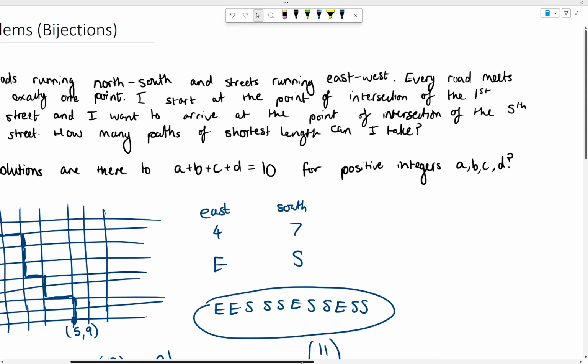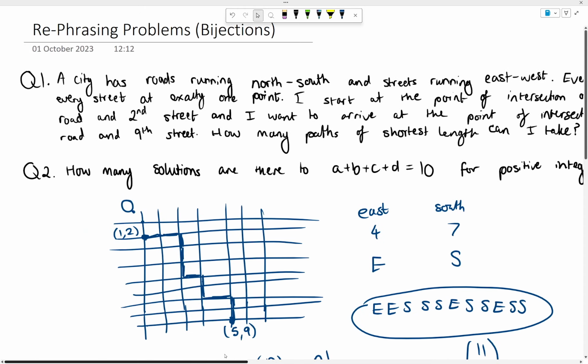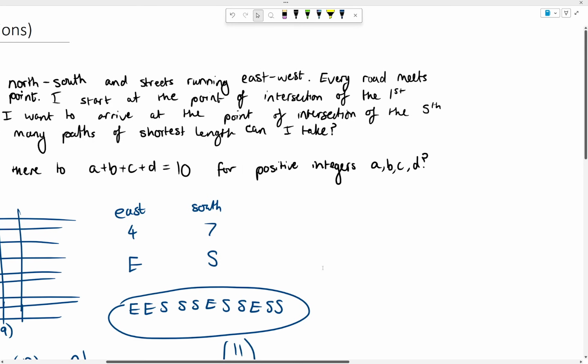So you might be familiar with something called a partition. So a partition of a number is writing that number as the sum of numbers smaller than it, which are all positive. And in the partition, the order that the numbers appear doesn't matter.